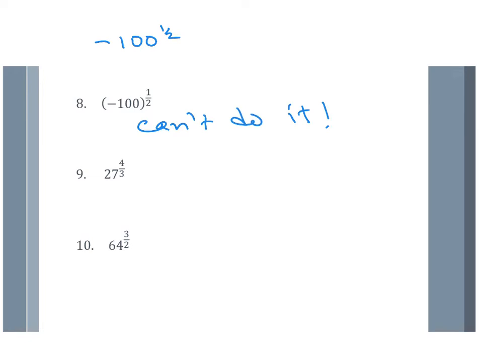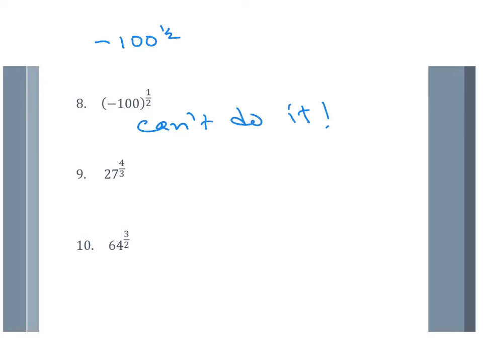We're going to learn about the imaginary number, and it's going to be represented by the letter i. But for right now, we only want real answers. So this is only when there's a parentheses around a negative number and the root is an even number. We can find the cube root of a negative number. We just did it with the negative 64. So we can find the root of a negative integer when it's an odd root.